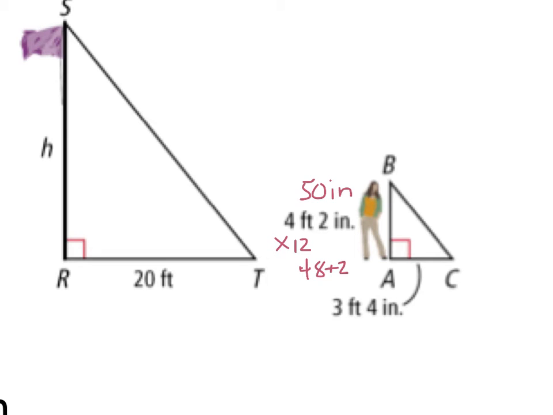And then for AC, what do we do to convert it to inches? Multiply by 12. So we get 50 inches and 40 inches. And then let's convert our 20 feet to inches also. So we get 240 inches.